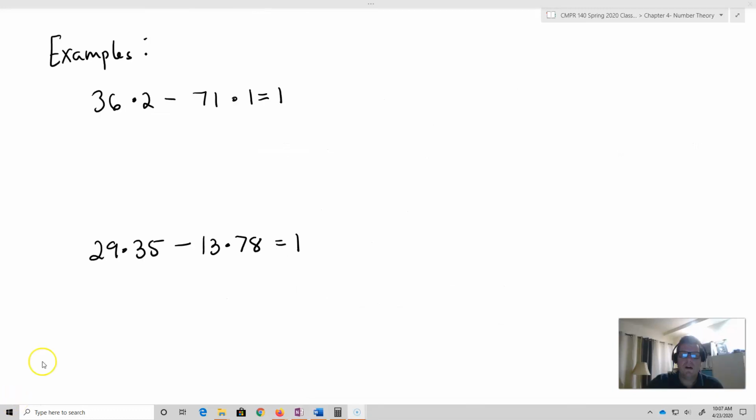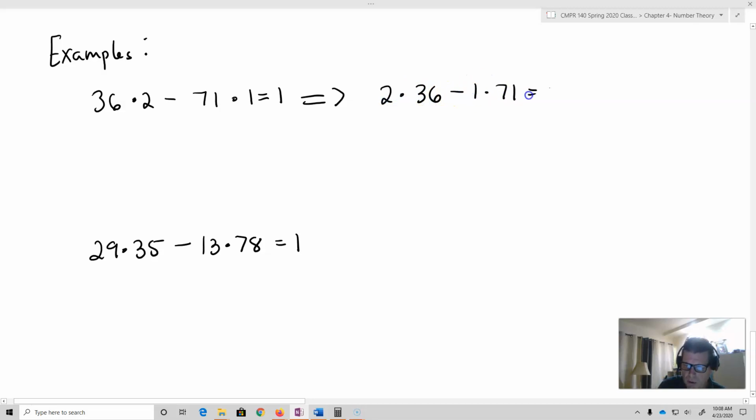Okay, so let's take a look at a couple of examples. The first one is one that I did in an earlier video. We had 36 times 2 minus 71 times 1 equals 1. And I'm going to rewrite this so that I have my scalars in front. So this could be 2 times 36 minus 1 times 71 equals 1. So the inverse of 71 in modulo 36 is negative 1.